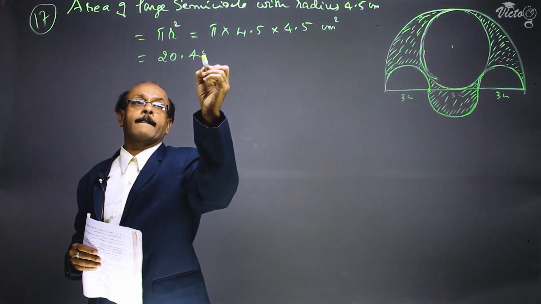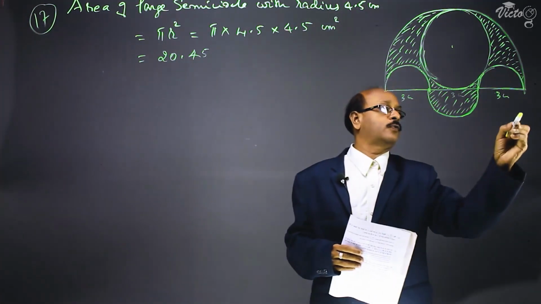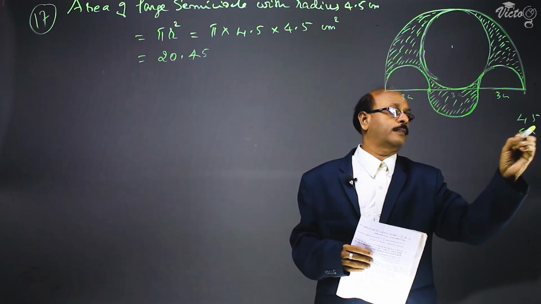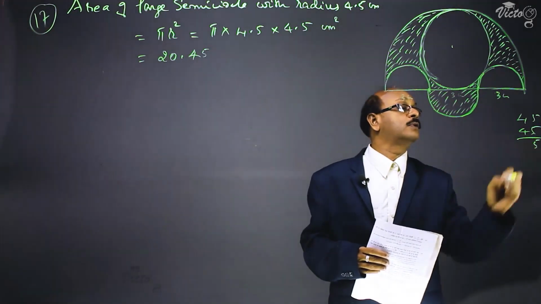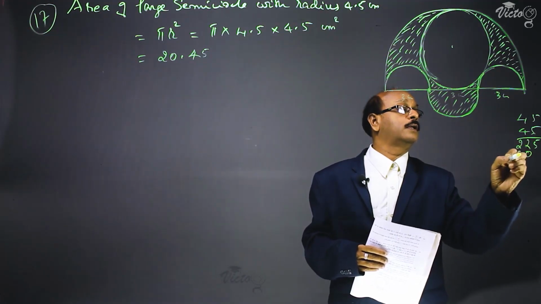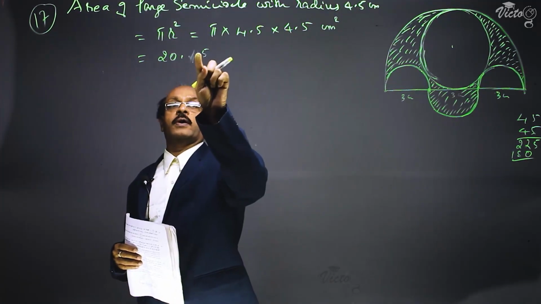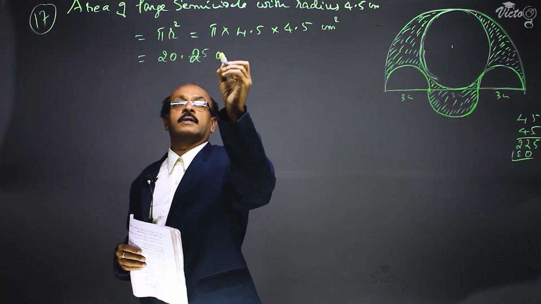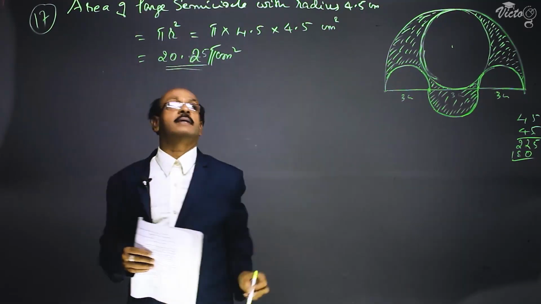We can multiply 45 into 45, which is 2025. It is 20.25 pi centimeter square, the area of the larger semicircle.